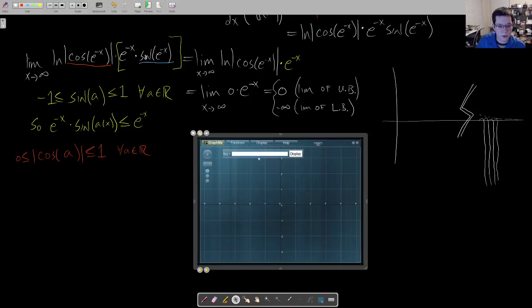So we will have the natural log of the absolute value of cosine of e to the x, times e to the x, times sine e to the negative x.